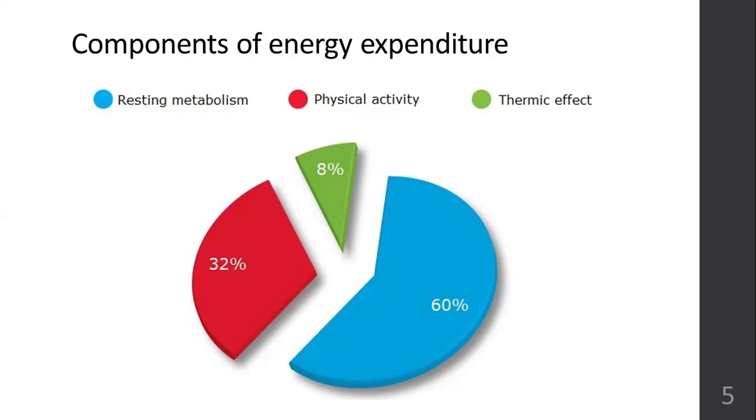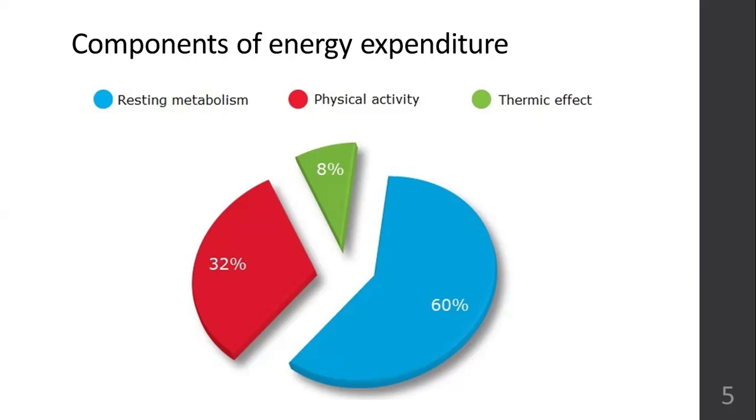In general, if you want to classify how the energy that you get from the food is spent within your body, most of it is your resting metabolism, BMR, basal metabolic rate. What is resting metabolism? You don't have to do anything.